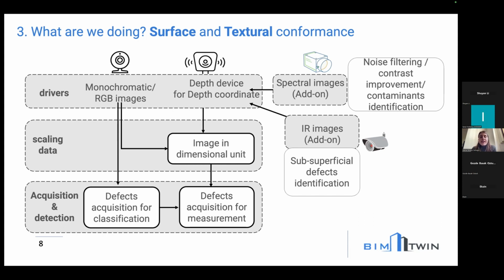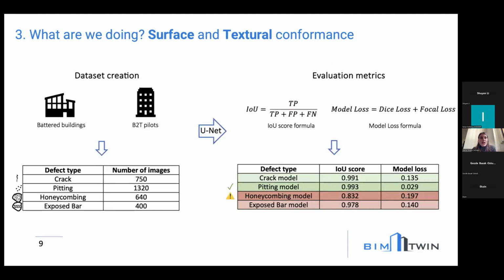And combining the visible or monochromatic images with the depth coordinate, we can also acquire the defects for the measurement. So what we are doing is creating a private data set starting on buttered buildings and BIM2TWIN pilot site.